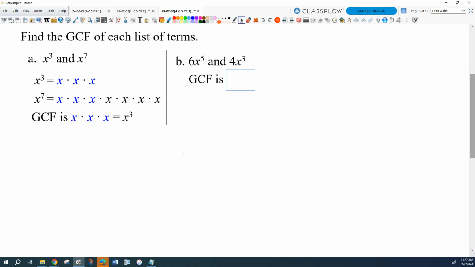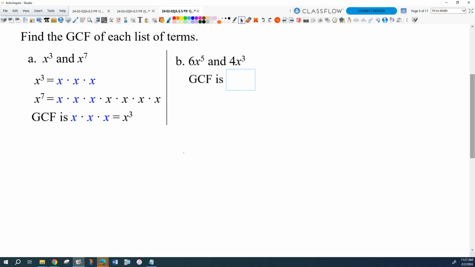When we write them as strings, we see 3 of those are common, but that's it. So my GCF is x times x times x, which is x cubed. But we don't want to go through that whole process. We're just going to look at the exponents. We've got x's in both, but the smallest power of x is 3, so that's my GCF, right?